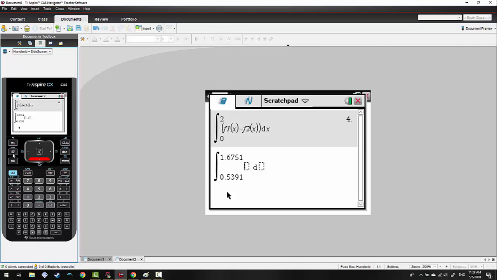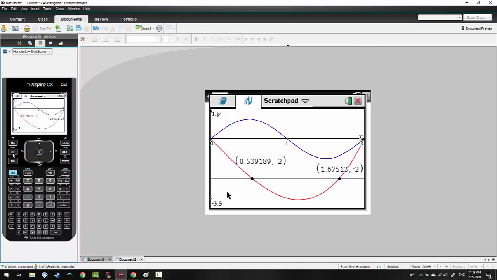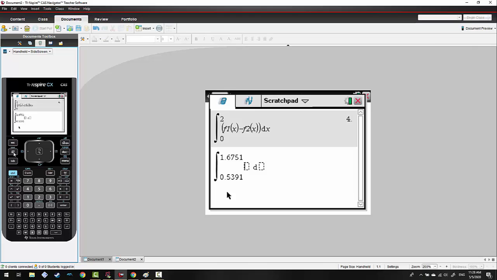Now remember, finding area is just top minus bottom, so I think it's just going to be line minus curve here. So I think it's going to be -2 minus, and in this case, f2 of x dx. And again, I'll hit Control-Enter and get an answer. And that's what I'm going to write in.